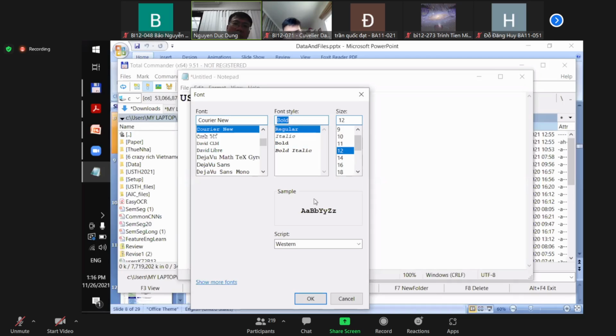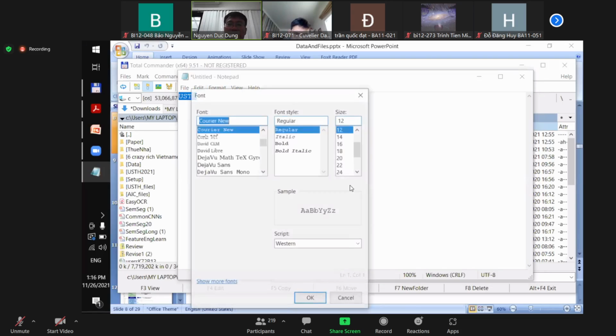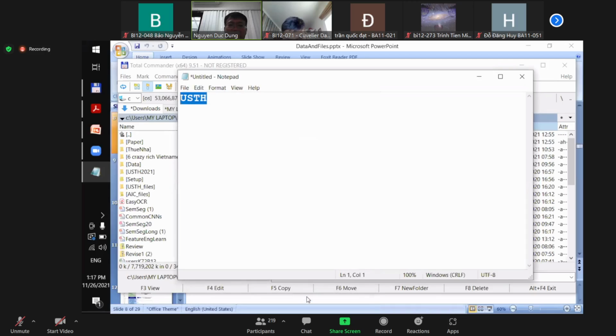With this normal size, you could still see the content of my document, USTH. But for a better view of my screen, I changed to the same font with a larger font size and a bold style.